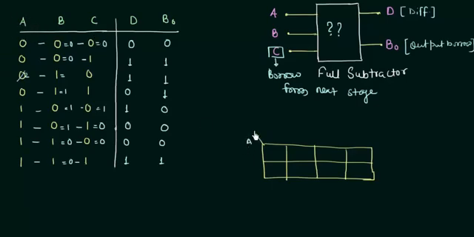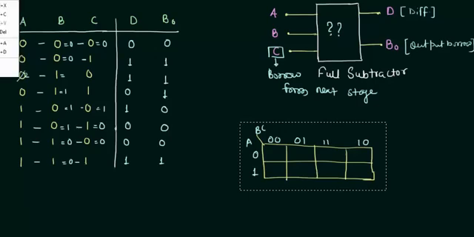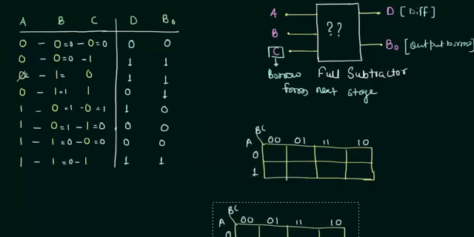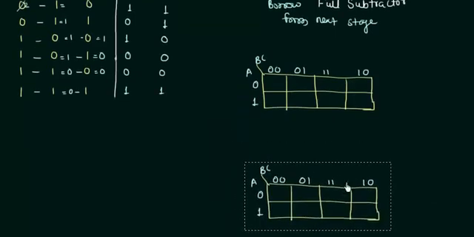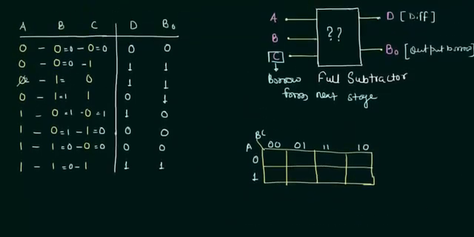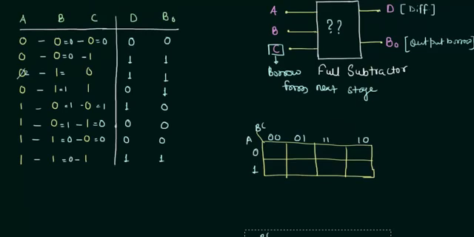So A will be here, BC is here. 0 0, 0 1, 1 1, 1 0. We are going to require the same K map to solve for BO, so I'm going to copy it and paste it so that we will use the same 8 cell K map for the borrow output. It will save our time a bit.